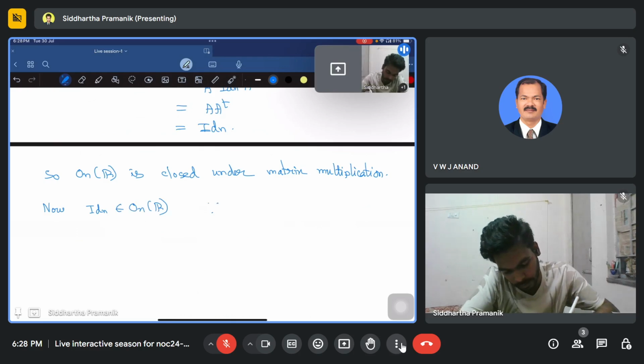And why is that? Because its transpose is itself, and this product is the same as the identity matrix.